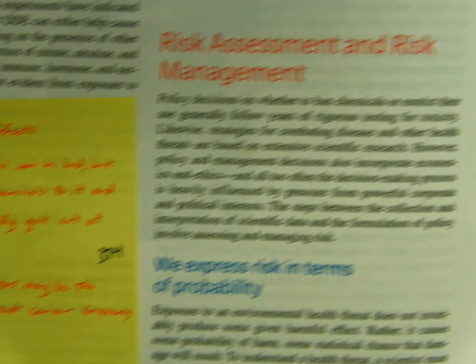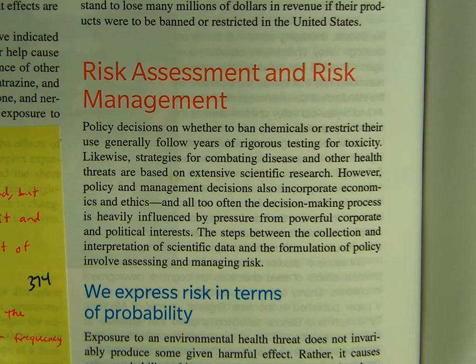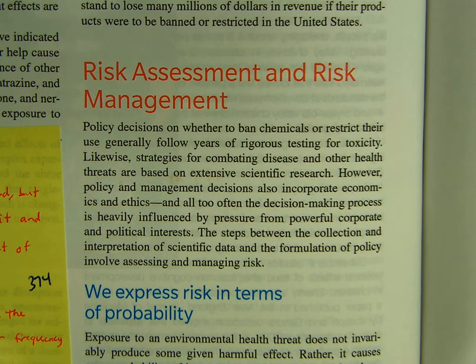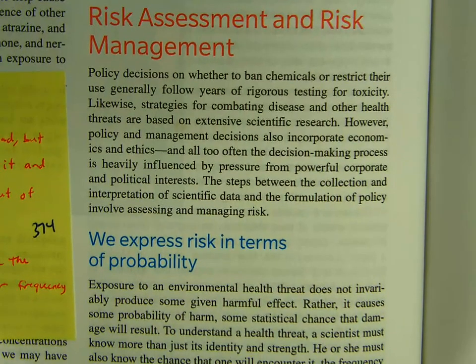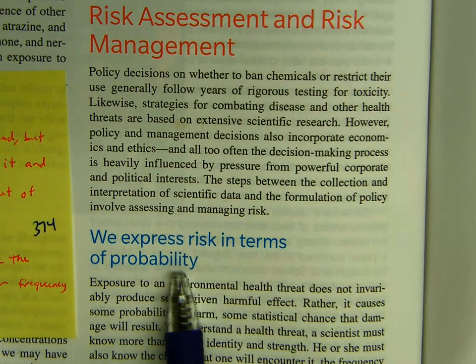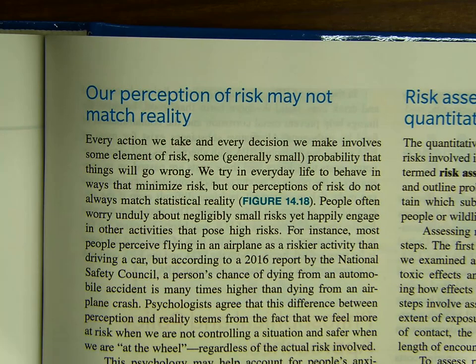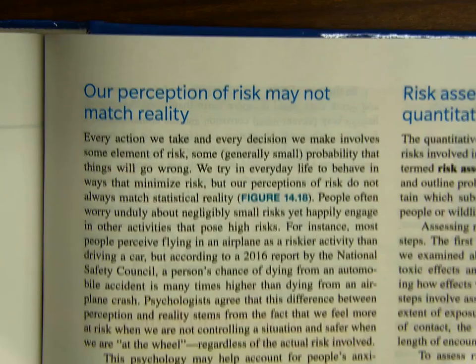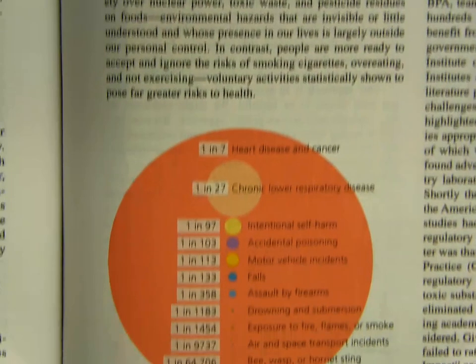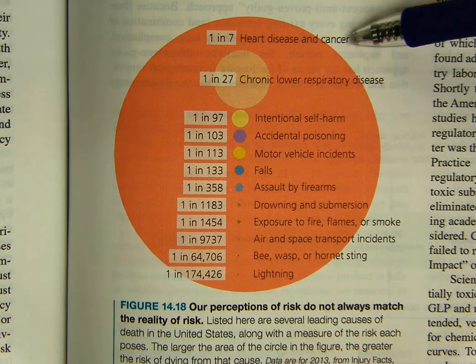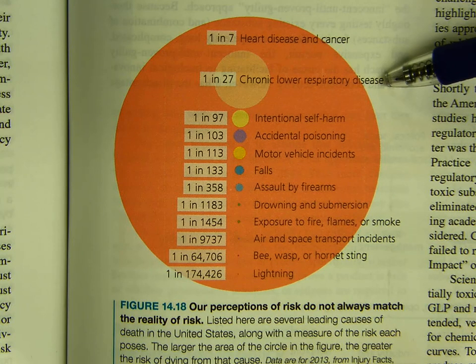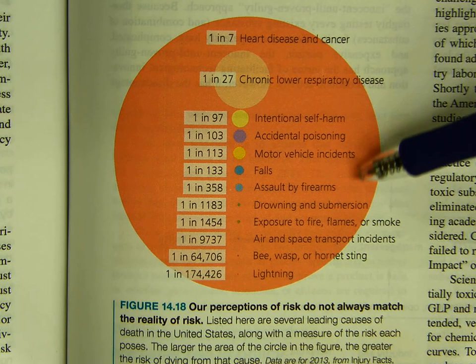Now we're going to talk about risk assessment and risk management. Like we talked about before, this is a cost-benefit analysis. We express risks in terms of probability, but our perception may not match reality. You can see examples down here: 1 in 7 people are going to have heart disease and cancer, 1 in 27 have chronic lower respiratory disease, and so on.